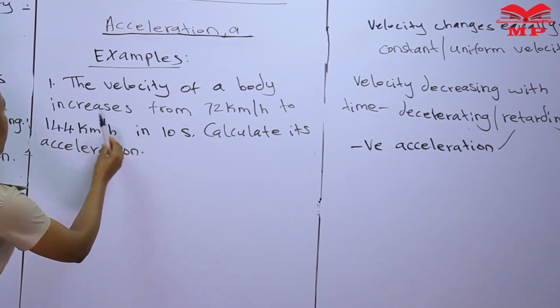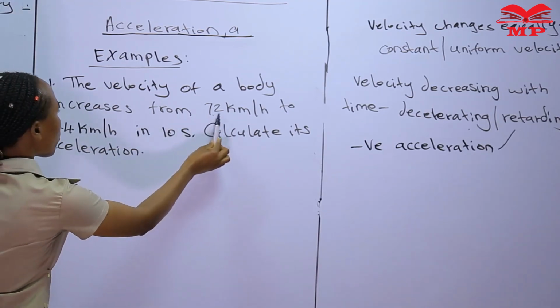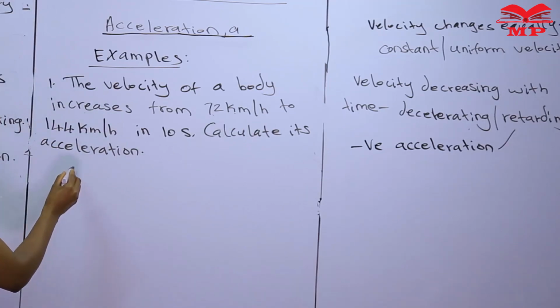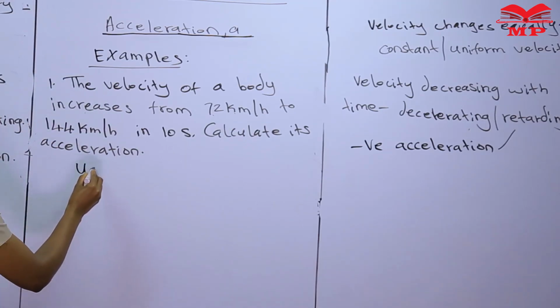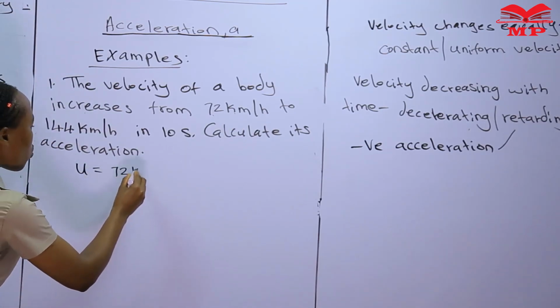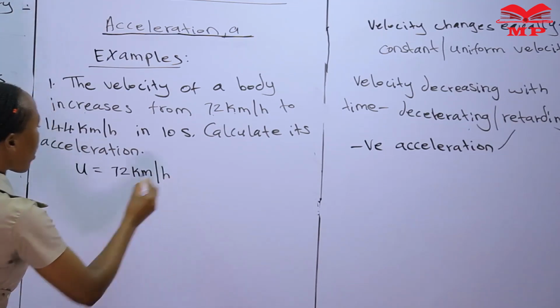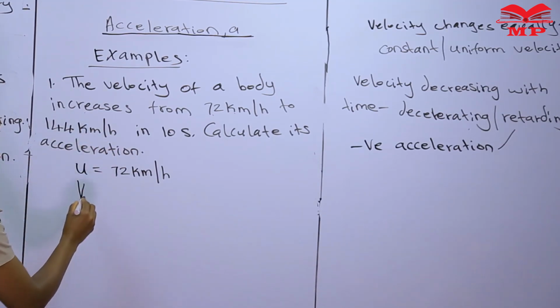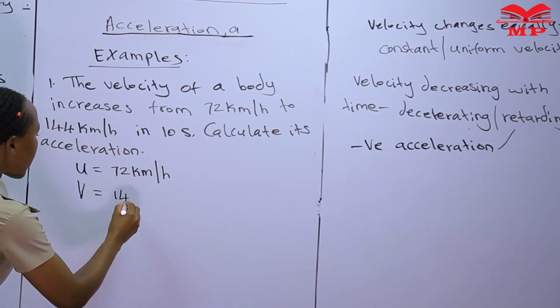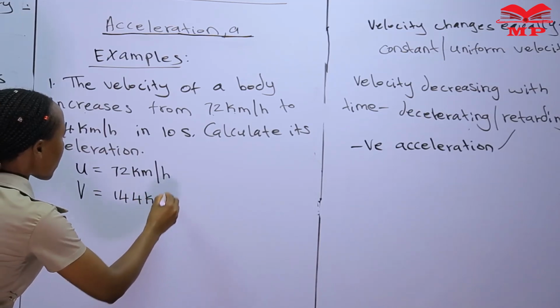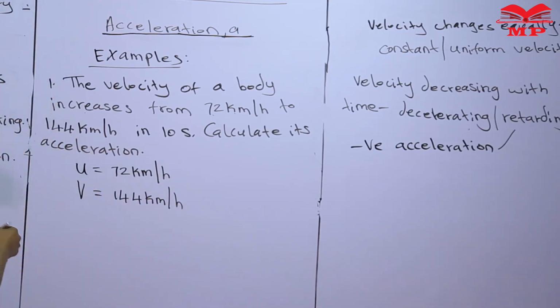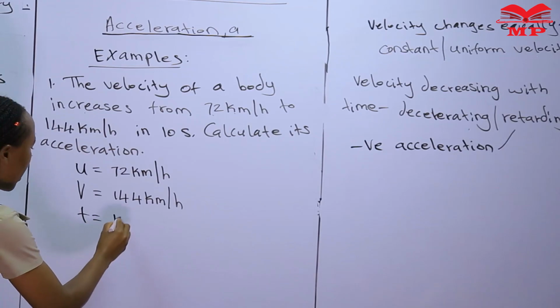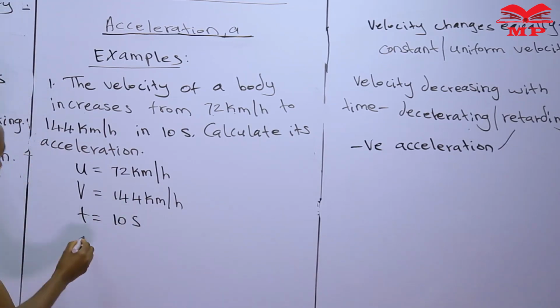Our initial velocity u is 72 kilometers per hour, our final velocity v is 144 kilometers per hour, and our time is 10 seconds. We want to calculate the acceleration.